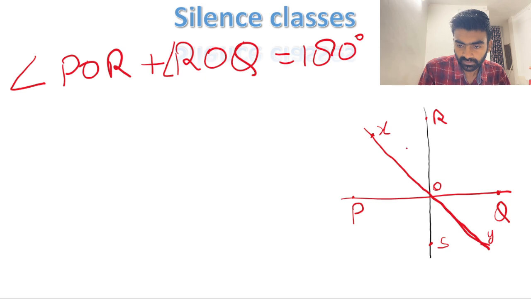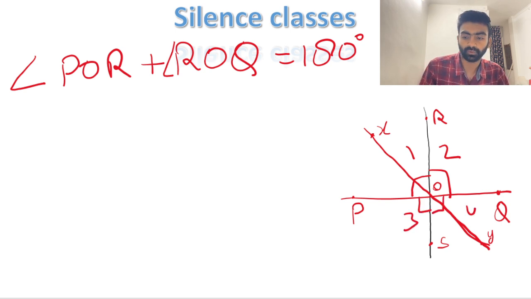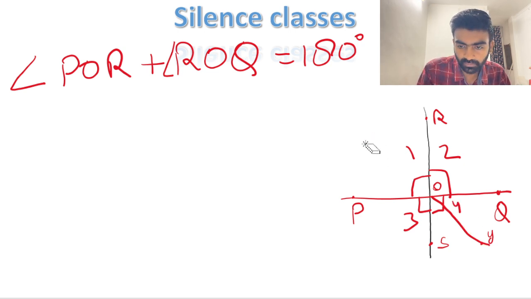Likewise, this is 1 and this is 2, and this is 3 and this is 4. I am talking about the complete one. I'll remove this line for you. Now you understood. Angle 1 and angle 2 I have added, and angle 3 and angle 4 we can add.